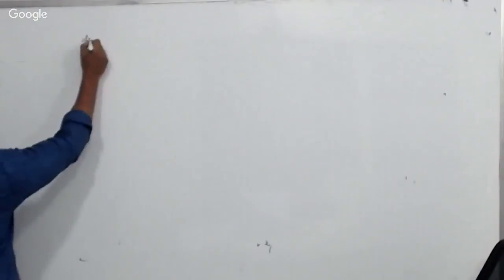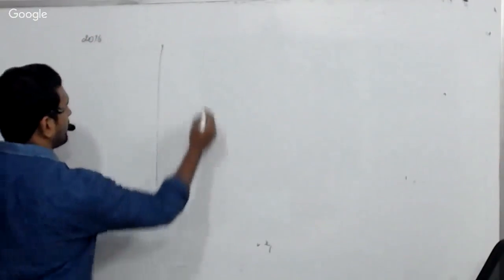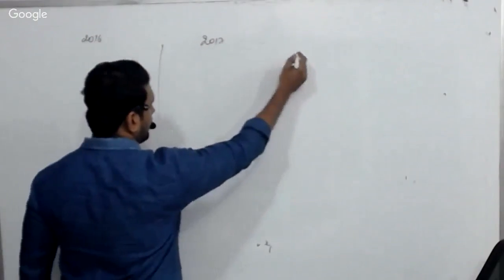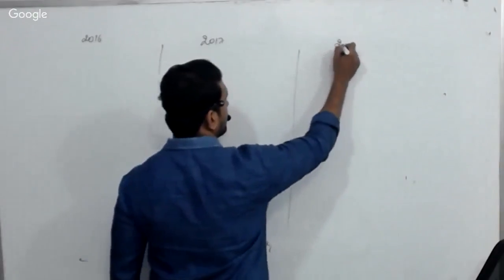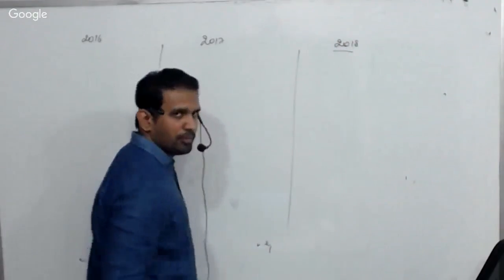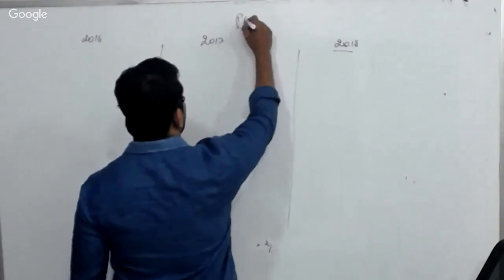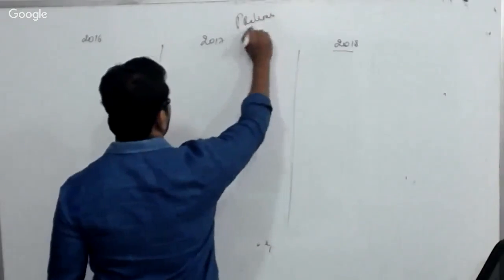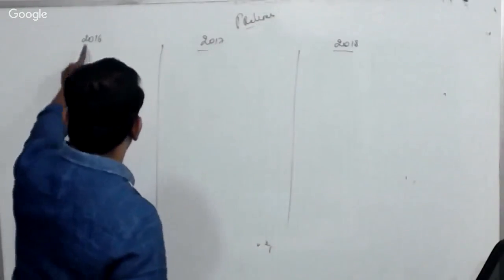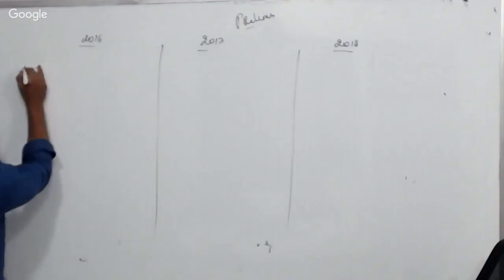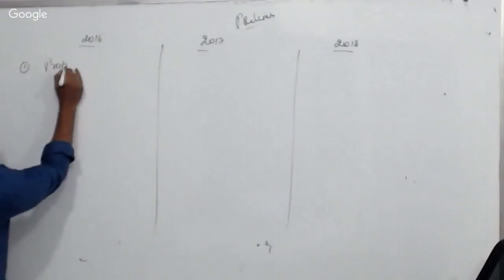In 2016, 2017, and 2018, what was happening with regard to environment with respect to prelims? In 2016, one question was asked on the protocols.